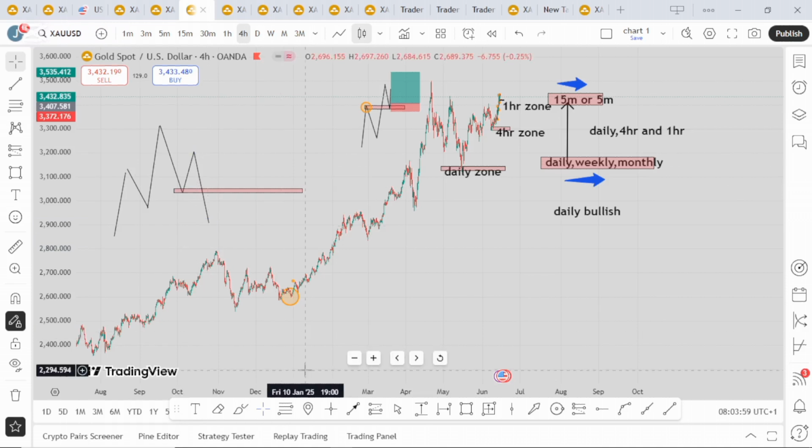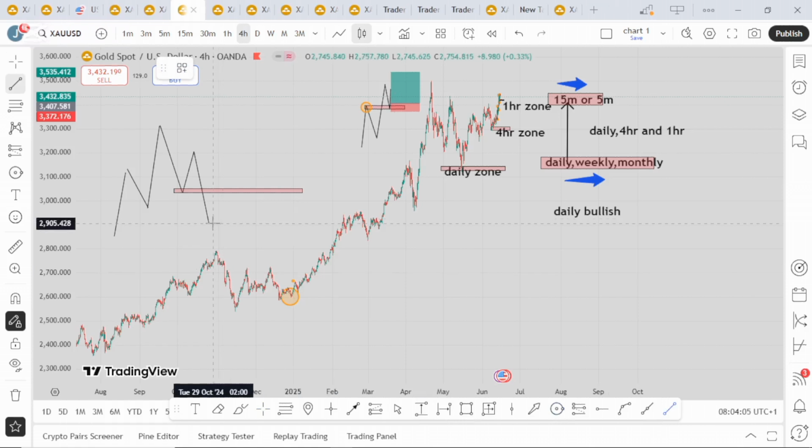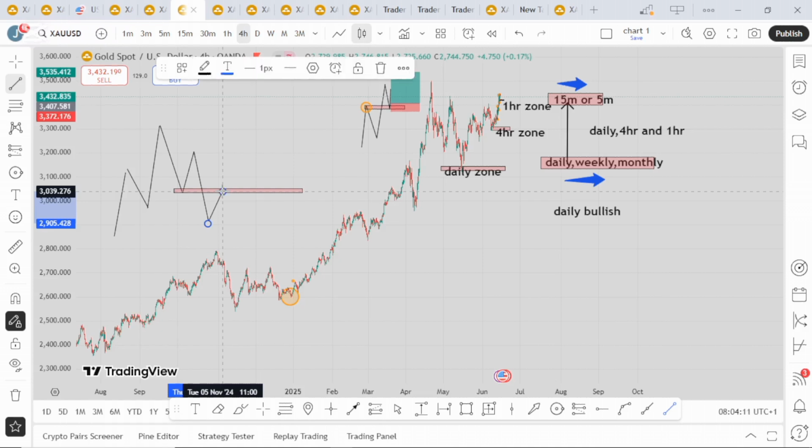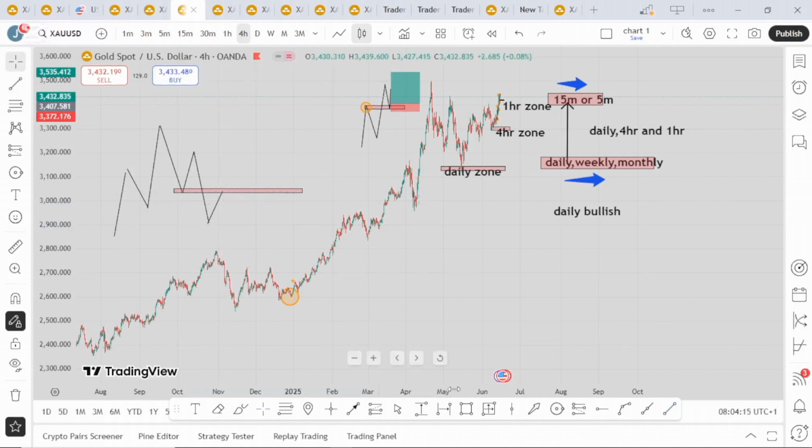What we have to do is wait for this to form first. We have to wait for price to go up to form the second leg. Once price forms this second leg, this is when we are going to take our trade, sell in this case.